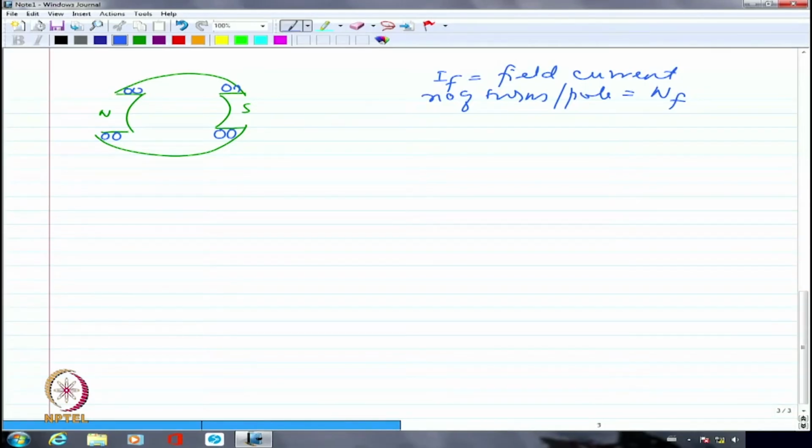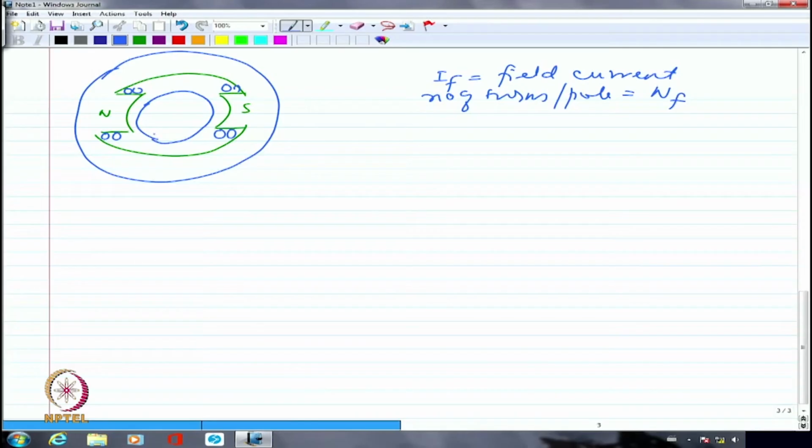And I should be able to calculate very clearly the magnetic circuit's reluctance. I am going to have the rotor sitting here. I am not showing the conductors right now, and the rotor will try to occupy as much space as possible so that the air gap width is limited.